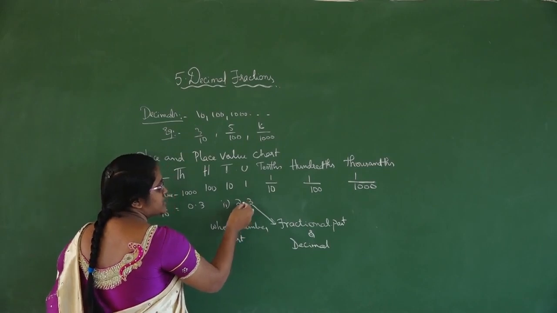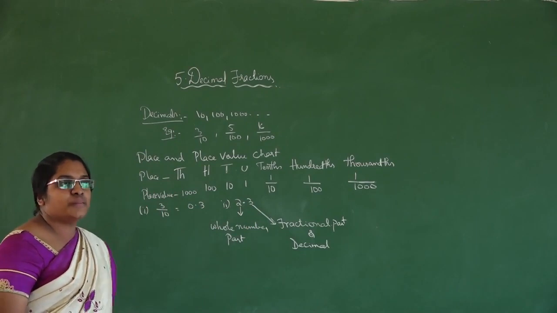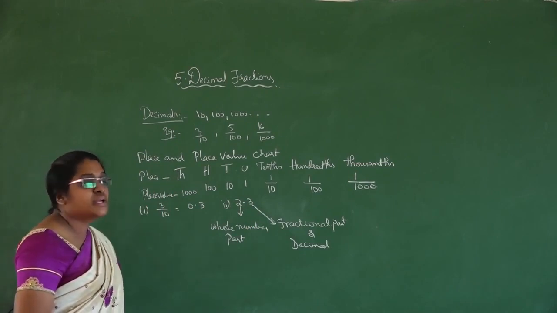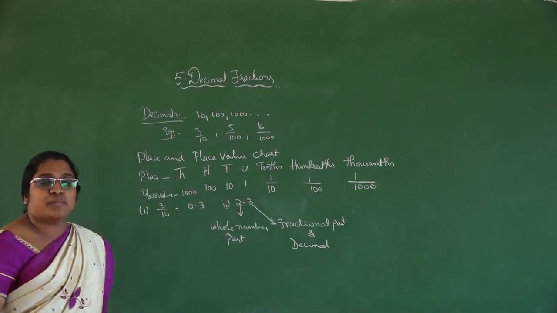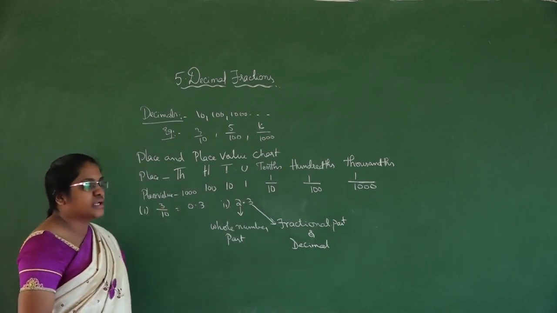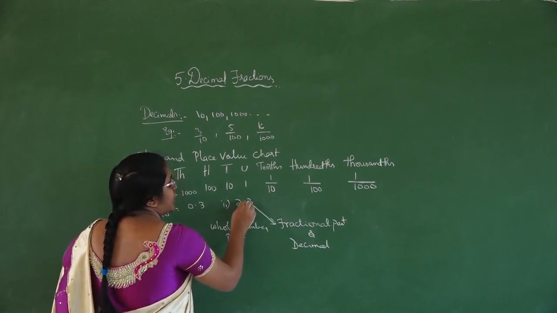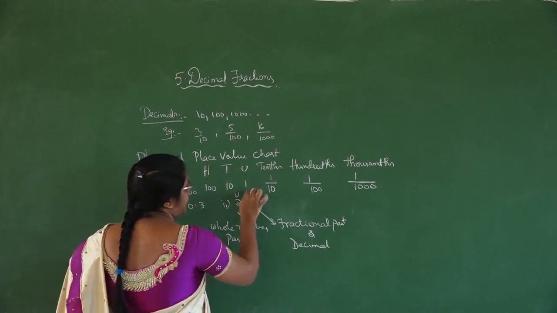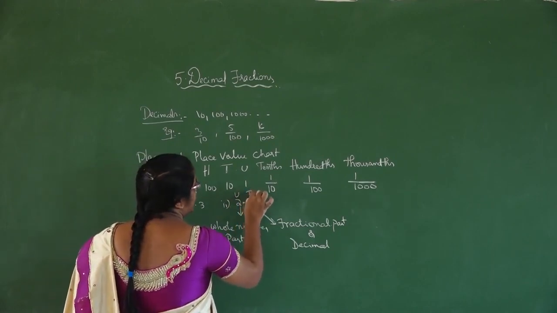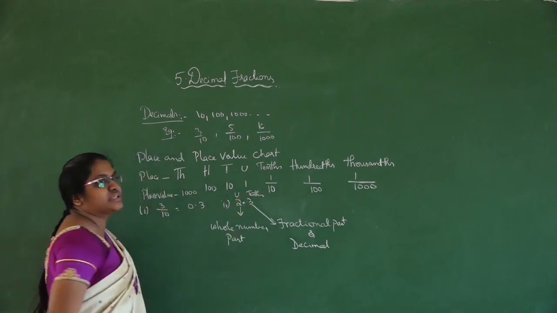The number present before the decimal point is called the whole number part or integral part. The number present after the decimal point is called the decimal part or fractional part. This decimal point is placed just after the units place and before the tens place.